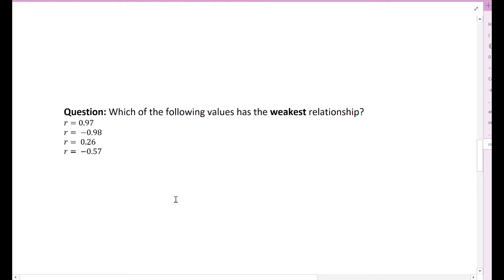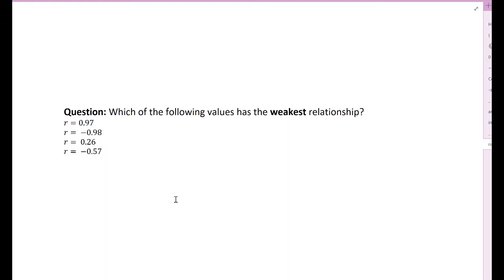Which of the following values has the weakest relationship? As we just saw, if your R is close to positive 1, that means you have a strong positive linear correlation. If your R is close to negative 1, that means you have a strong negative linear correlation. So the farther you are from negative 1 and positive 1, meaning the closer you are to 0, the weaker the correlation.